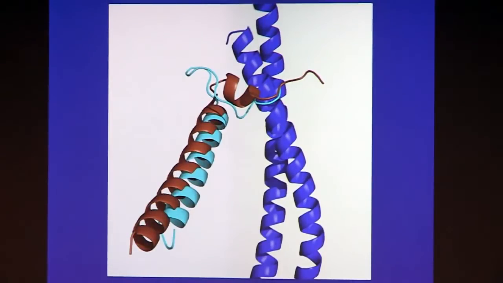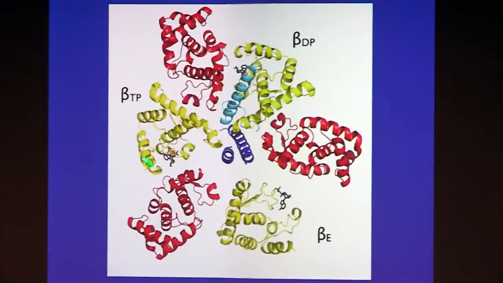And that has profound consequences, because what we found by solving these 2 structures is that they've stopped the catalytic cycle at different points. And so this is a cross-section of the rotor looking upwards from the membrane. Here are the catalytic interfaces. There's where the nucleotide is bound. So that's one catalytic site.